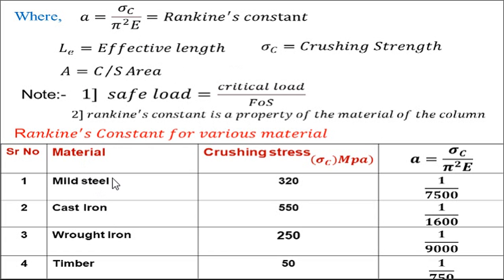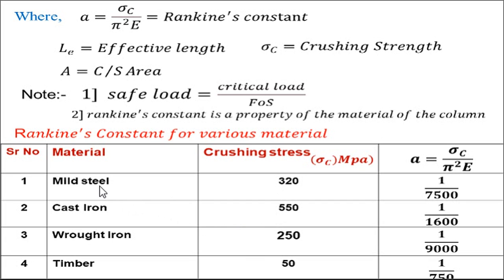These are the most commonly used materials for the construction of any structures. So these materials we frequently have to use. That's why we have to remember this Rankine's constant, and their related crushing stress values are also given.